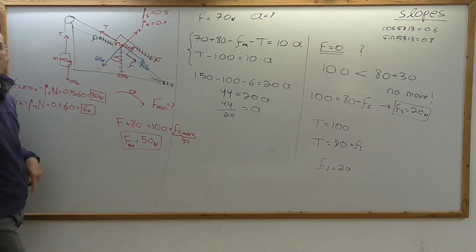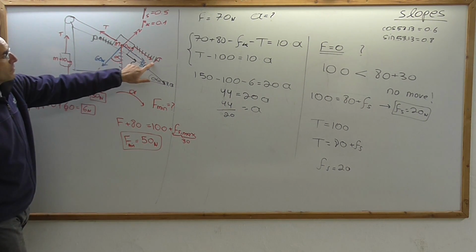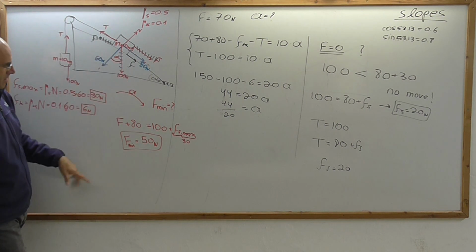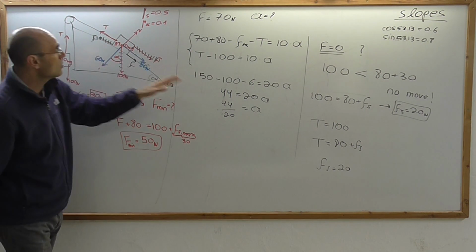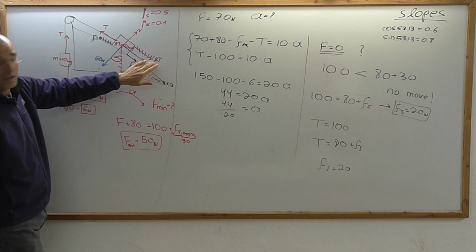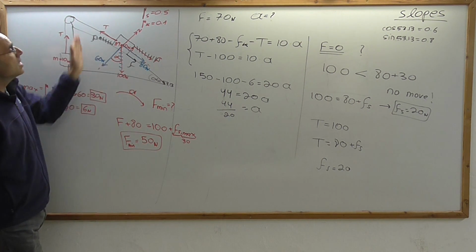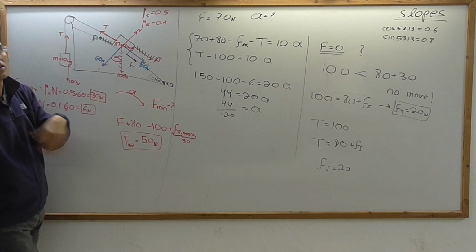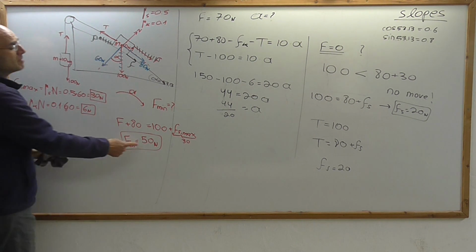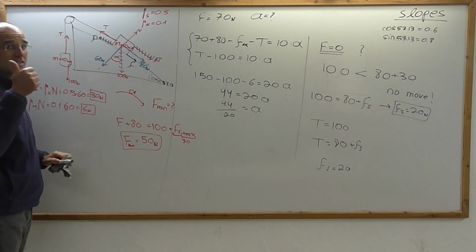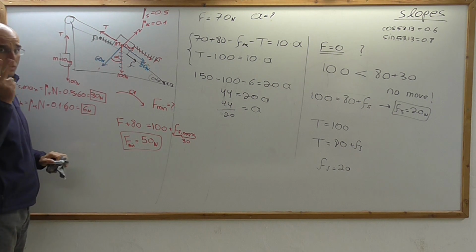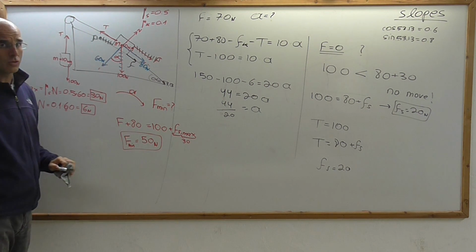So what does it mean about the system? If F is 0, the system won't move. If it's more than 0, obviously it won't move until its minimum is 50. From 0 to 50 it won't move. From 50 it will start to move.